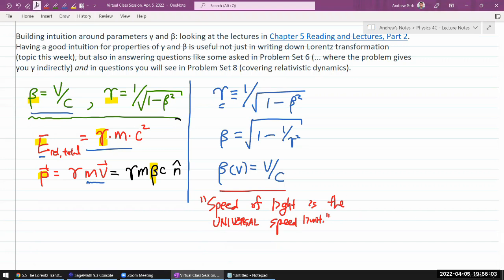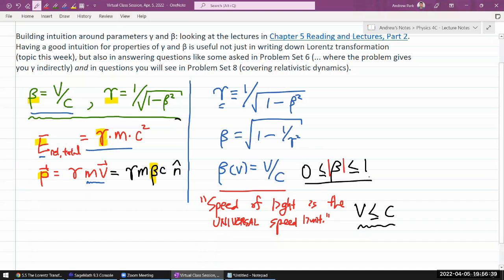What this means is that v is less than or maybe equal to c. And putting in this relationship gives you that beta is less than or equal to 1, because v could be c, in which case it'll be equal to 1, and otherwise it's less than 1. And if we're talking about the absolute value of beta, as in the speed, not velocity, then this is, of course, also greater than or equal to 0.